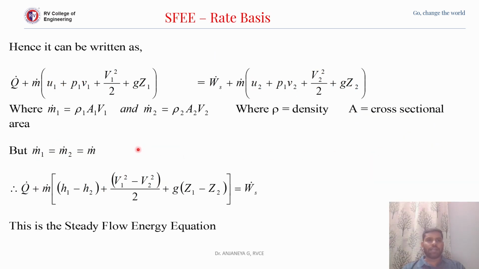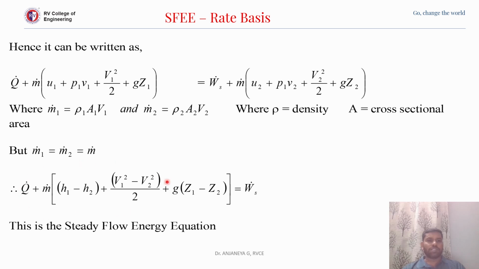Again I can write on rate basis by taking m dot and Q dot. So this is kilojoules per second, and this term is also in kilojoules per second. Similarly, this is also kilojoules per second, and this product is also in kilojoules per second. For an incompressible fluid, I can say mass is equal to rho A V. Since m1 is equal to m2, I can say rho 1 A1 V1 is equal to rho 2 A2 V2.